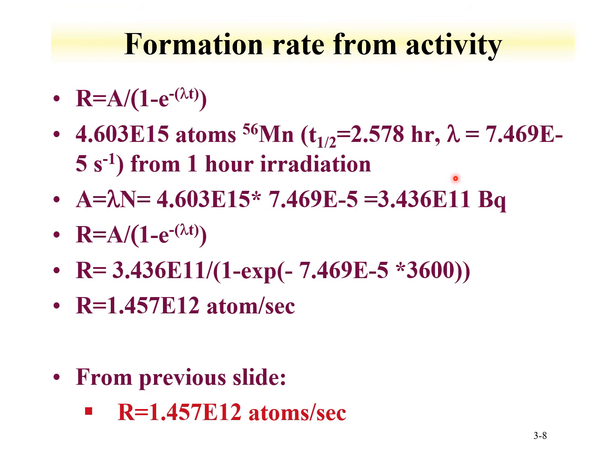I get 3.4 times 10 to the 11th becquerels. That's my activity. I substitute the activity into 1 minus e to the minus lambda times the time, and I get a production rate. This is the overall production rate, and it does include the decay as a function of the irradiation time.